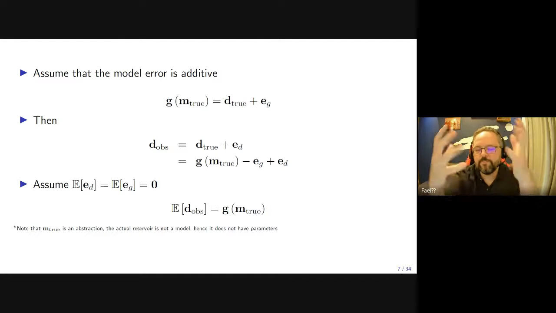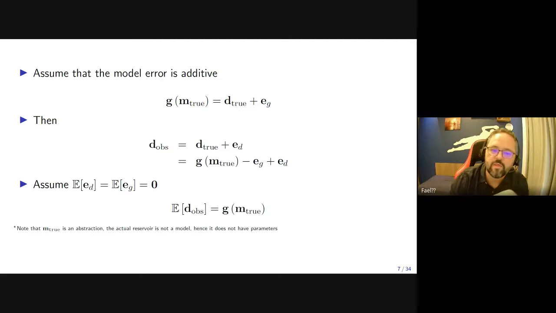And if there was this vector of true values for model parameters, and I ran a reservoir simulation with it, I would get another result that would not be exactly the same as the true noiseless data. It would be the true data plus another noise component that I'm going to call model error. All right. So again, I'm making this assumption of additive model error, which is a strong assumption. It's not really true in reality, but that's what I'm going to use.